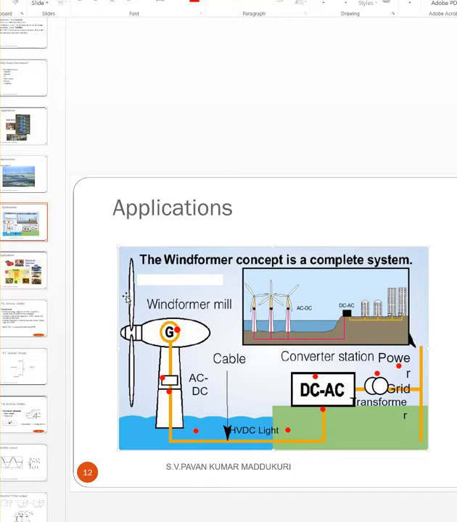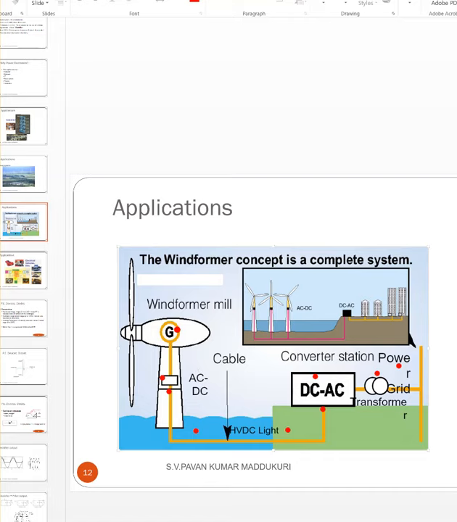And that generates AC power, but at the same time it generates at a variable frequency. The frequency is not constant because the turbine is rotating at different speeds. So most of the systems convert that variable frequency AC voltage into DC.